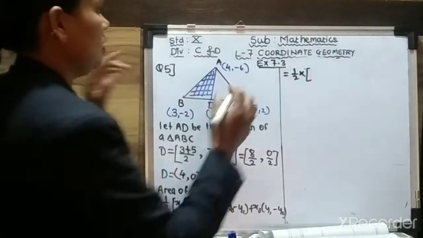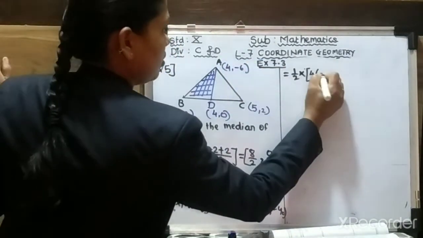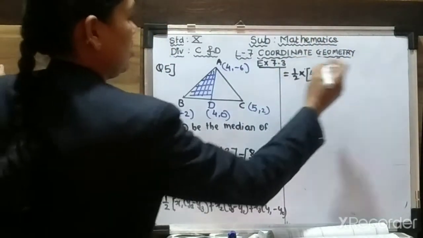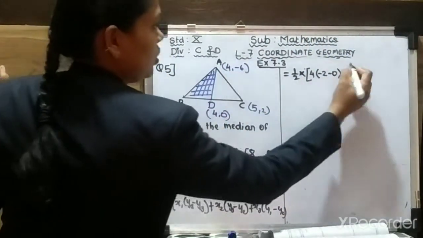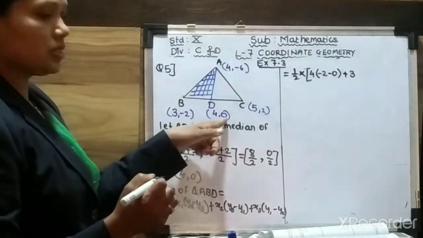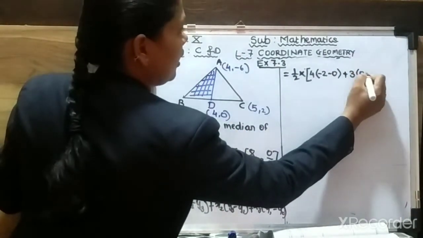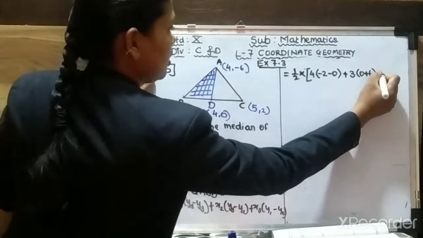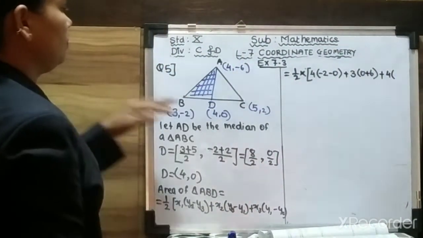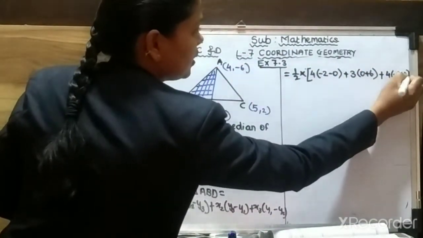So our x1 is 4. So 4 is multiplied with minus 2 and 0. Okay. Then plus x2 is our 3. This is your x1 y1, x2 y2 and x3 y3. So 3 with 0 and minus 6, plus 4 inside a bracket minus 6 and minus 2.